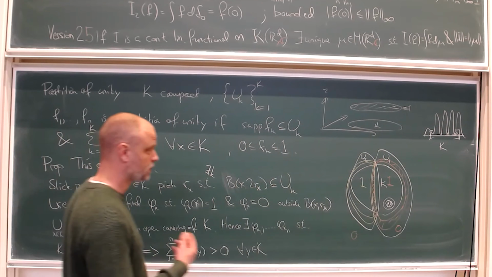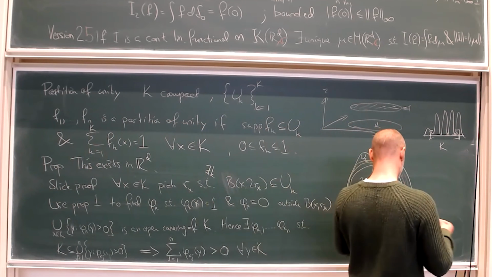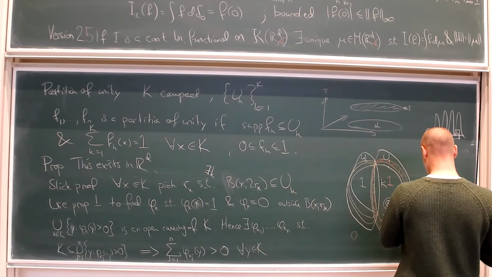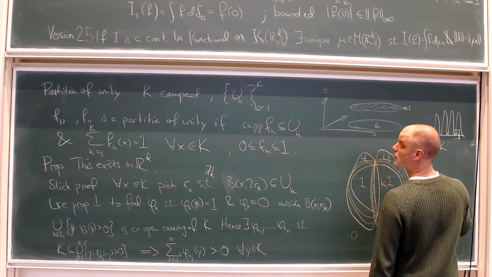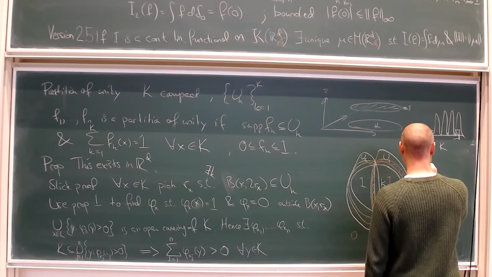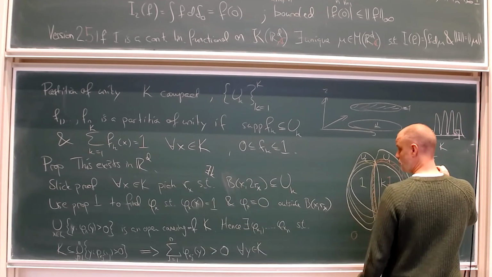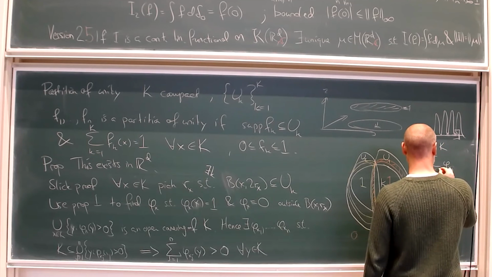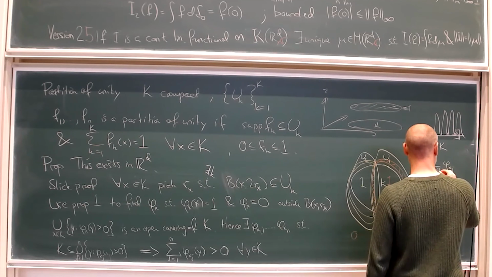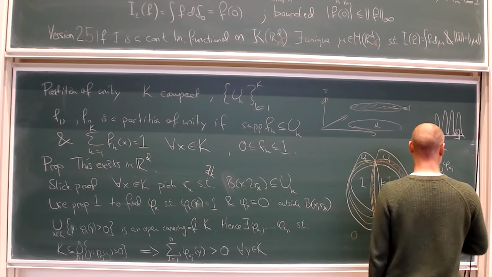What do I do now with these guys? Well, I'm going to introduce G1 equal to the sum among these functions phi xj, where xj is in U1. Okay?